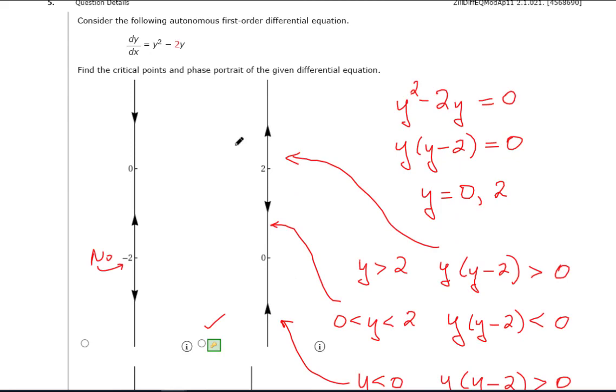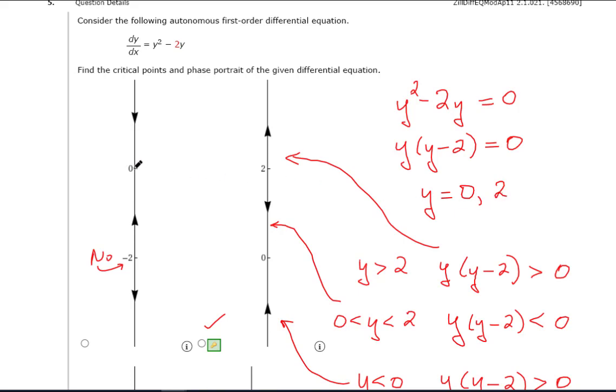Now in this case we're looking at critical points and the phase portrait. So we take our direction field and set it equal to 0 to find the critical points. So factor out the y, and so the critical points are 0 and 2.